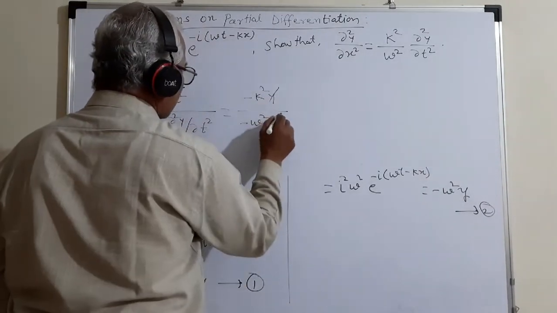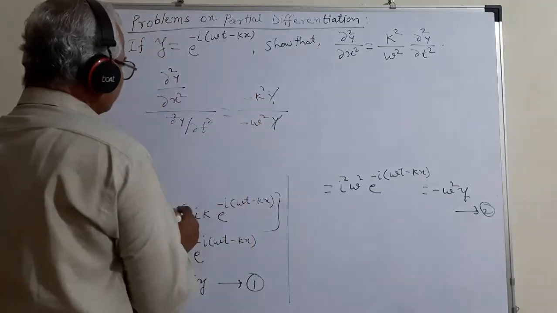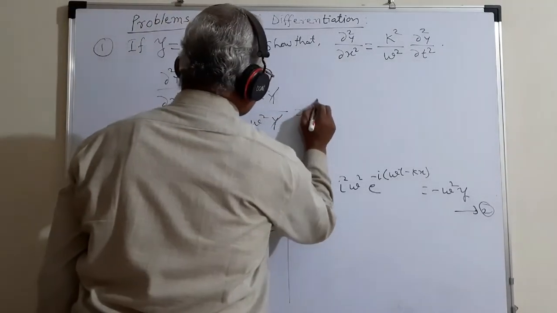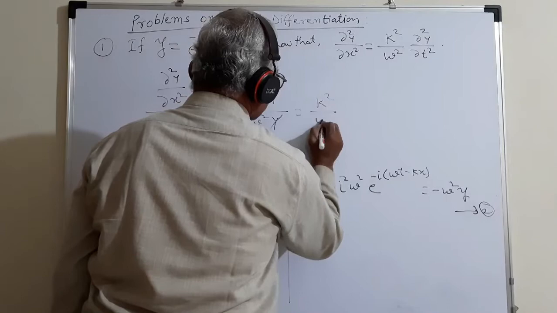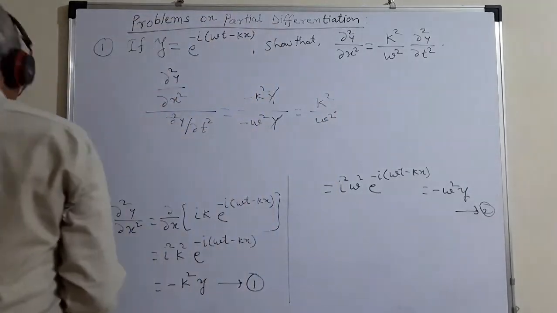So this y cancels, minus minus will cancel. So this is nothing but equal to k² upon omega².